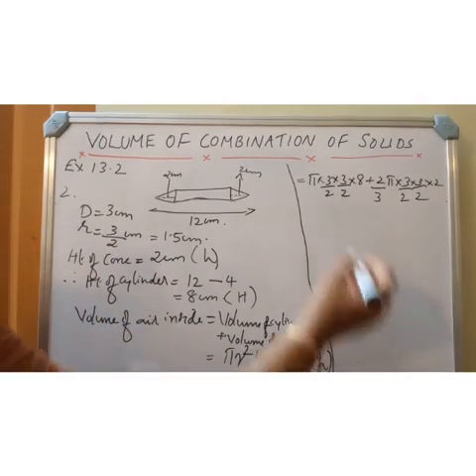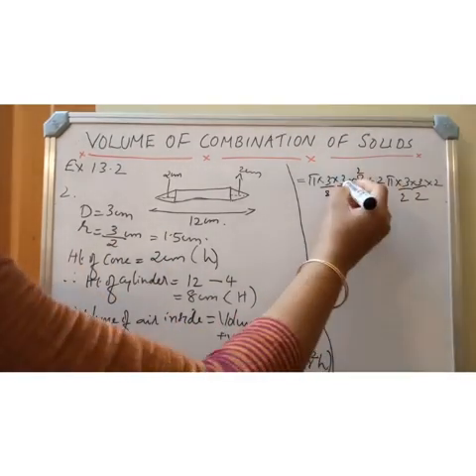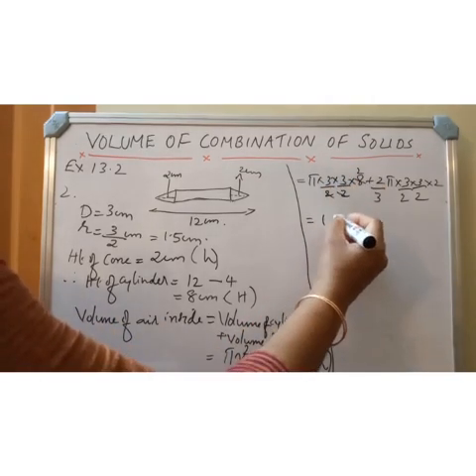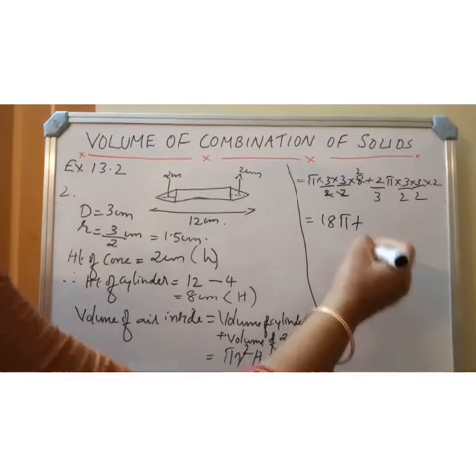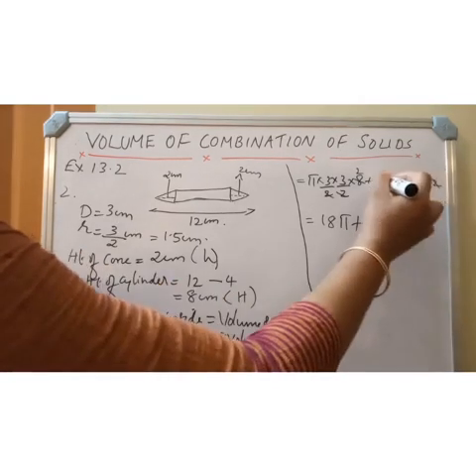Okay, then simplify. 2 2s are 4, so 2 times 3 3s are 9, 9 2s are 18 pi plus. Here 3 and 3 get cancelled, 2, 2, here 2, here 2.